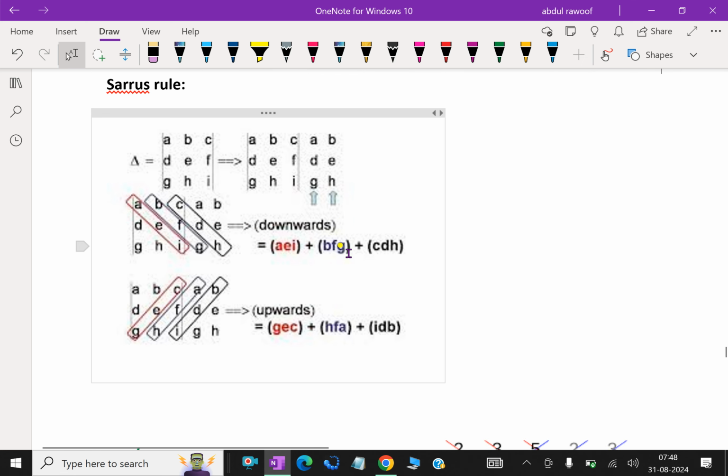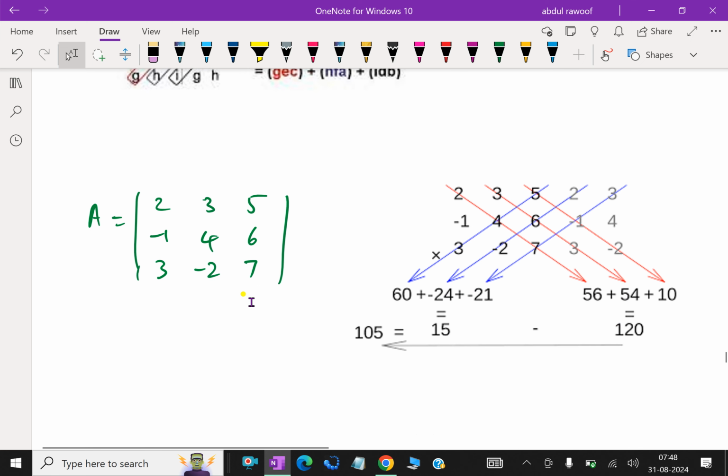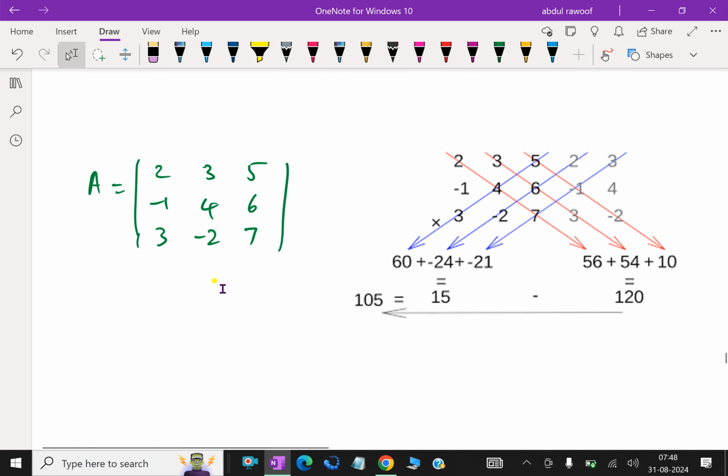Then subtraction comes in the opposite manner, this side, G E C, H F A, I D B. Then all this is subtracted from this. So we can find the determinants easily. This order you have to remember. Now look at one example for Sarrus's rule. We can easily find the answer.